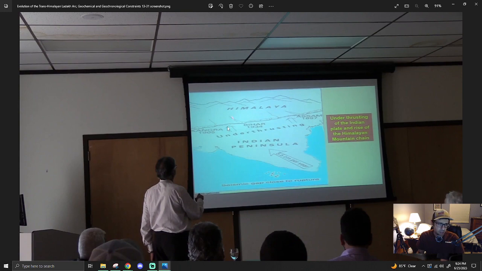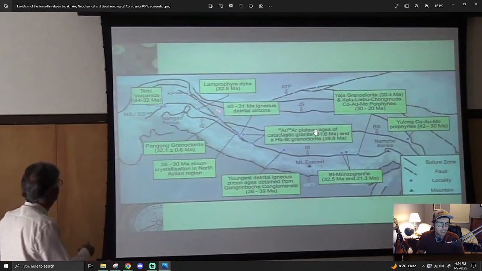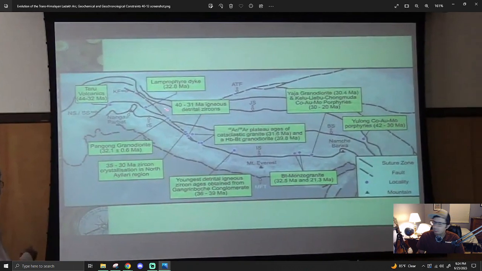Maybe it could create some kind of effect similar to that. A lot of the mountain building is after the KT boundary.